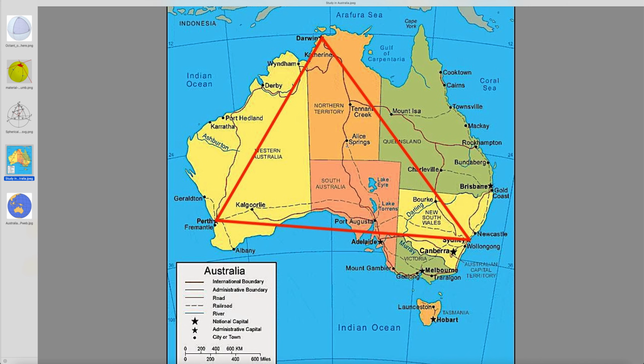Alice Springs here wouldn't be here. Alice Springs in the middle of this triangle here. That wouldn't be there. You'd have to add back in Alice Springs, because that would have been there if you're on a globe. But once the globe went away and you put it onto a map, they'd lose that area. It'd be that ridiculous. But no, in reality, it is just there on the flat map, because maps only exist because the Earth is flat.